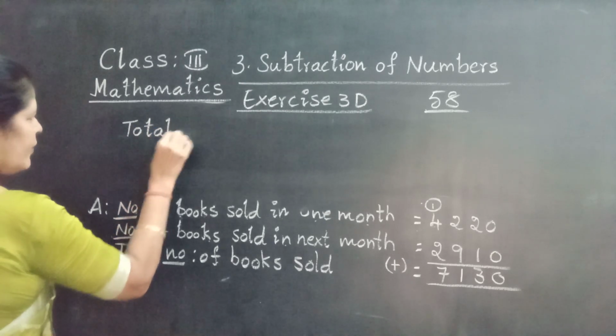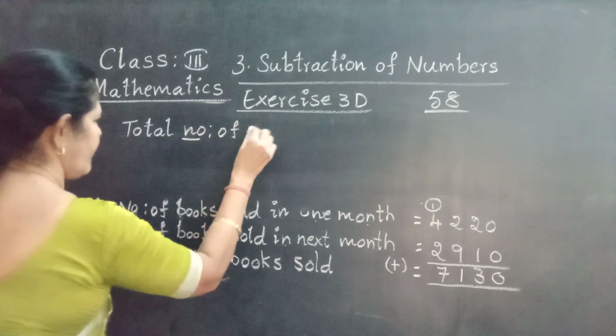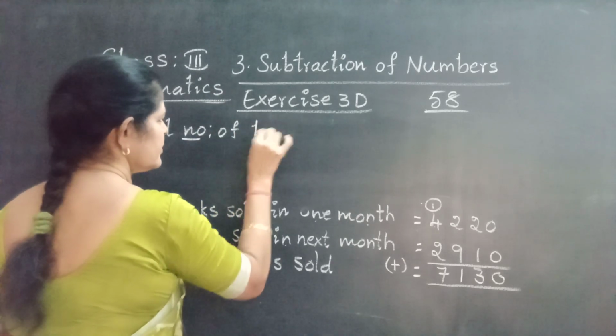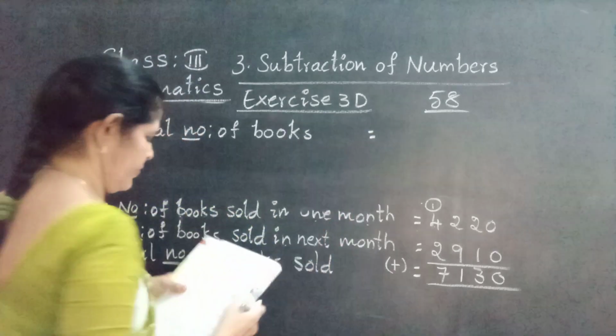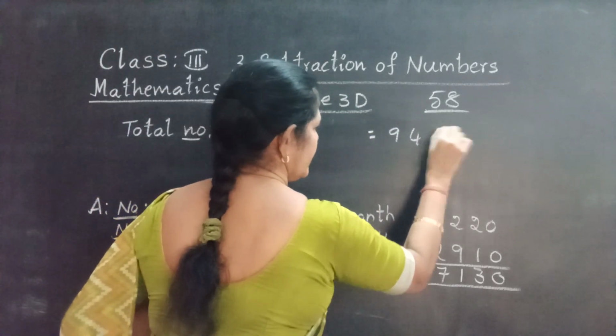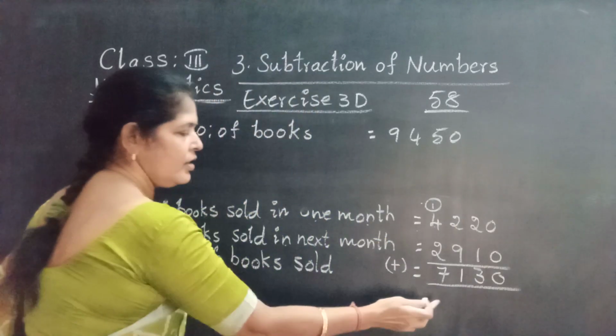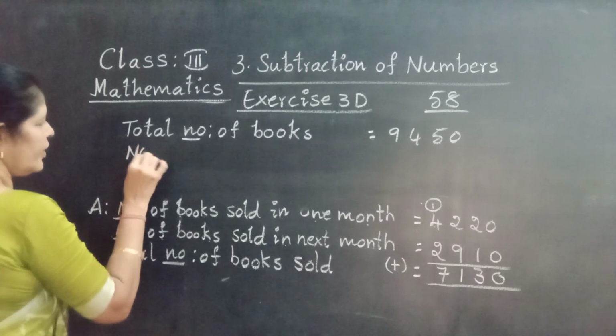And already the shop has how many books? 9,450. Now how many books are sold? 7,130.